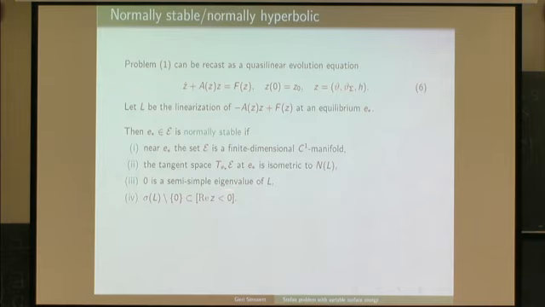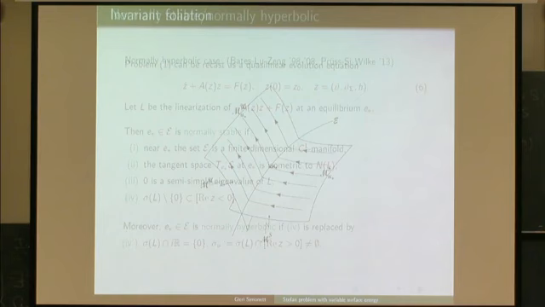Think of zero being an eigenvalue of very high multiplicity, namely all the degrees of freedom that you have, and all the rest of the spectrum being on the left-hand side. This is normally stable. If you pick up something on the right-hand side, then you call it normally hyperbolic. It's important, in contrast to having an isolated point, that you really are careful that these things match up in terms of dimension, in terms of geometry.